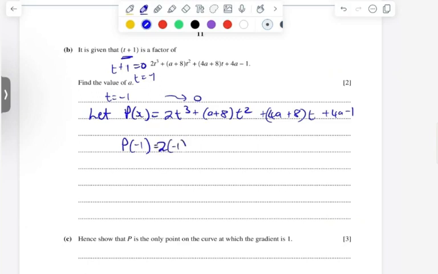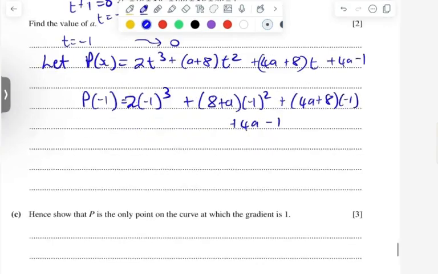2 times minus 1 to the power of 3. Oh dear, plus 4a minus 1. Okay, I'm taking a bit of space here. So minus 2.